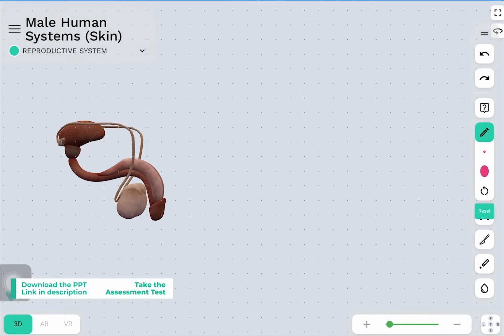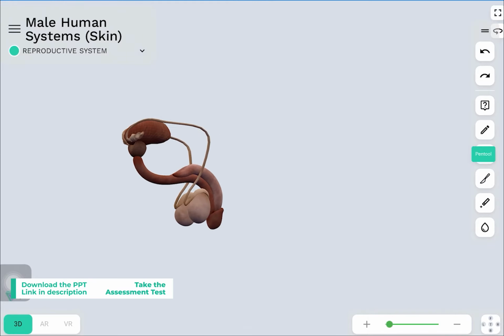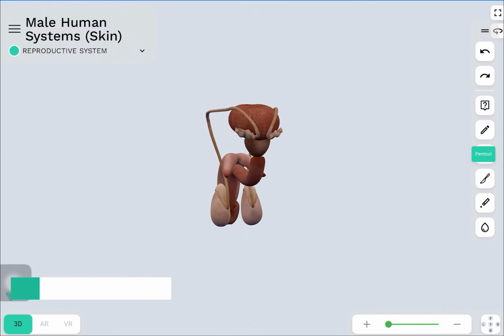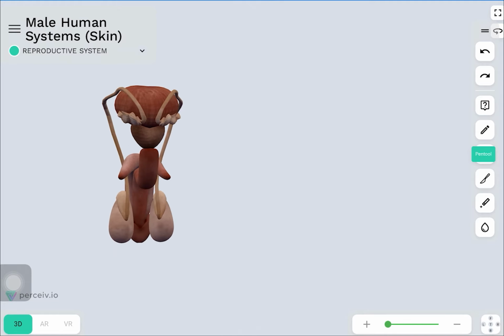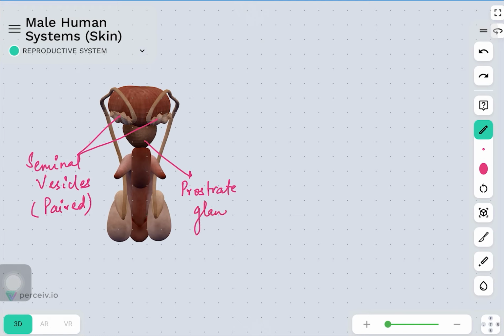Alright, now let's move the model to the back side. You can see that these two represent seminal vesicles, which are paired, and this one is the prostate gland.